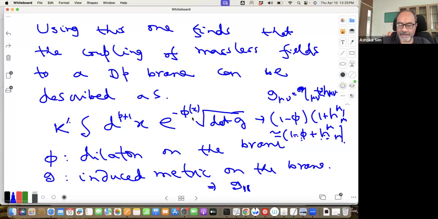Otherwise, how do you know what kind of brane you have, right? So this coefficient is crucial in the fact that it's a D-brane. For another brane, this could be different. This square root of determinant G structure you could have guessed, because that's just from the covariance. But what will multiply it, that's a property of the brane. I see. Yeah.